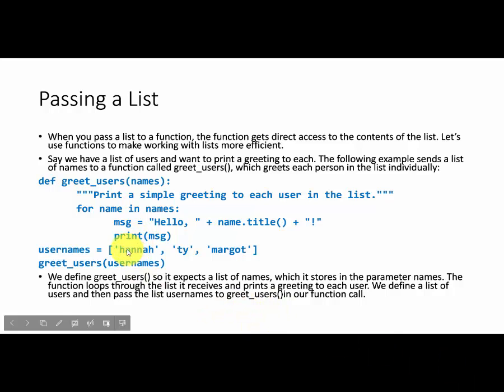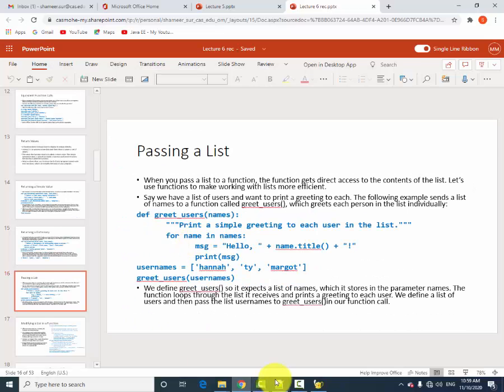So this usernames list I am passing to this function greet_users, which accepts it, and inside that you have a loop: for name in, where name is the variable and this is the list you are passing. So it will print the name of each user onto the console. Okay, so let us go and exercise this one.